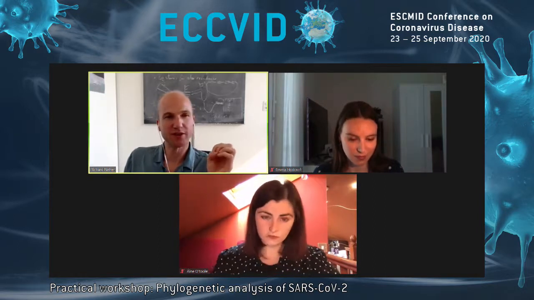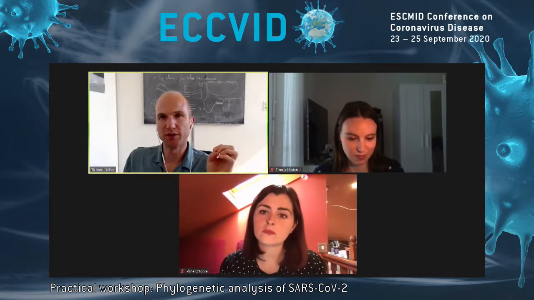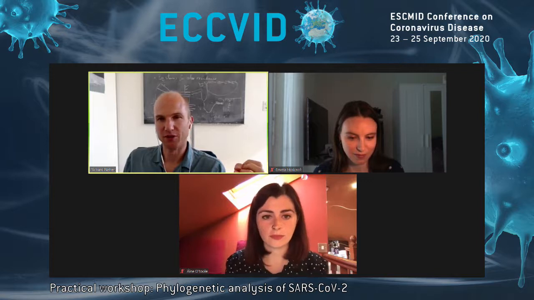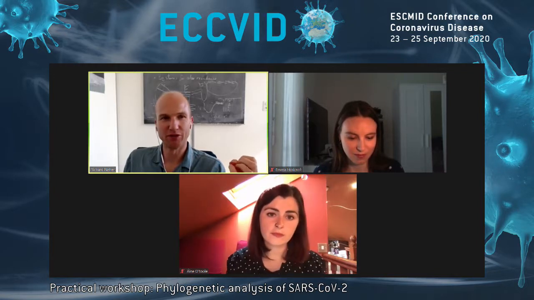Yeah, there was one question regarding viral quasi-species. So at NextStrain, we haven't ventured too much into intra-host diversity because, for acute infections like influenza or SARS-CoV-2, there typically isn't a hell of a lot of diversity to shake a stick at.